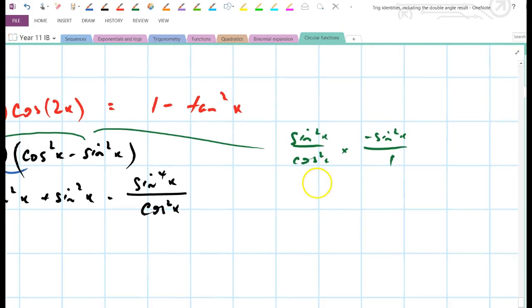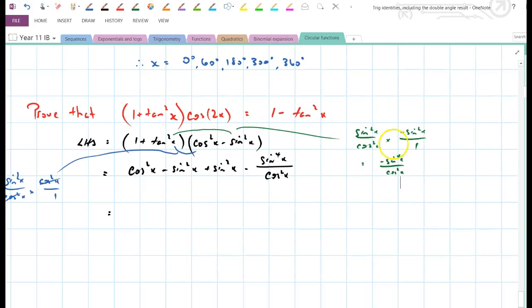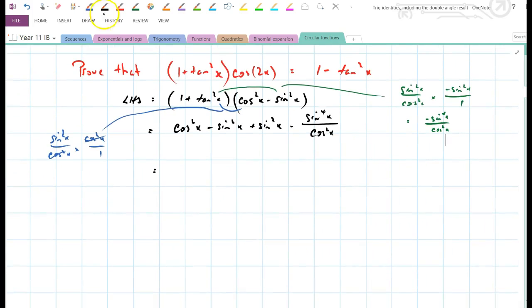There's no simplifying, it's minus sine to the 4 x over cos squared x, and you can see I've written that there. Okay, so continuing with cos squared x minus sine squared x plus sine squared x, those two terms cancel each other out. So we're just left with cos squared x minus sine to the 4 x over cos squared x.